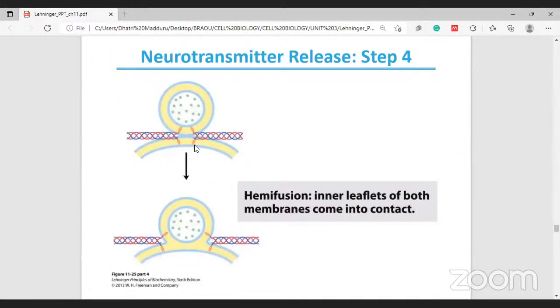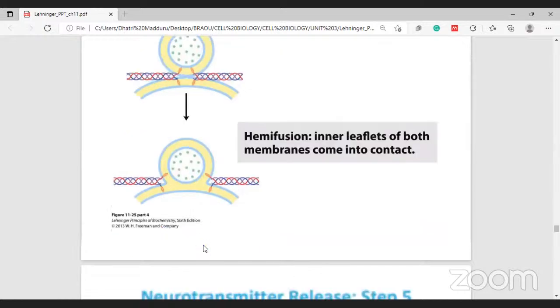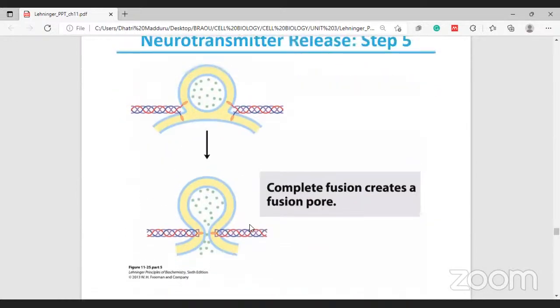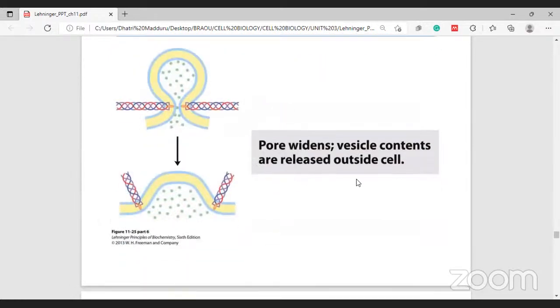This is called hemifusion, where the inner leaflets of both membranes come in contact and fuse. Once the fusion takes place, it will form a pore at the center, and from the pore, the vesicle contents are released outside the cell.